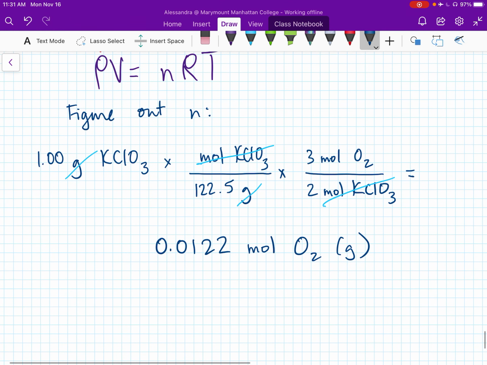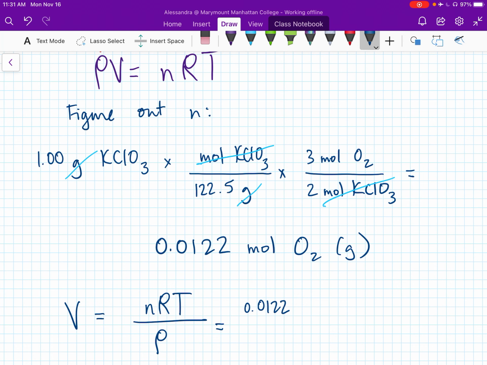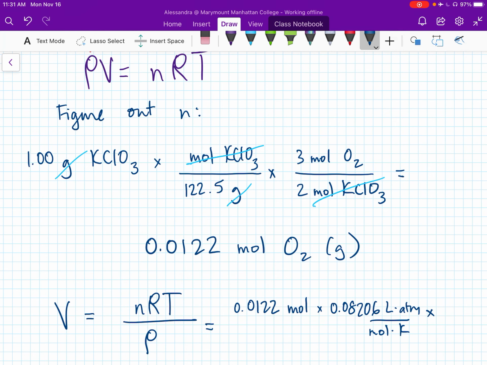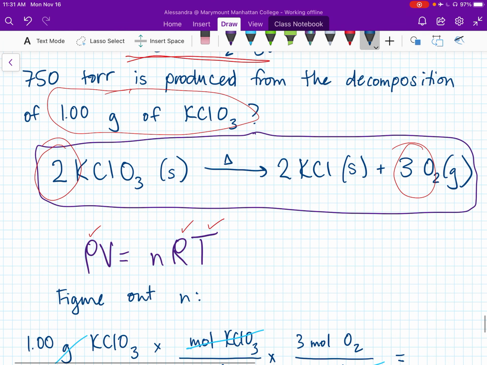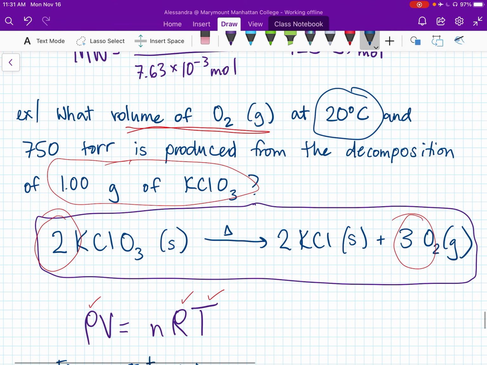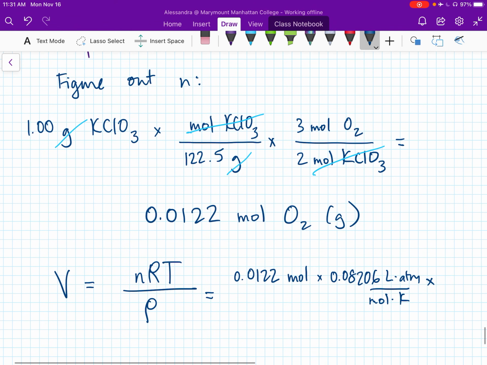Now I can rearrange the ideal gas law to solve for volume because now I have moles of gas I can plug in for N. So 0.0122 moles of gas times the gas constant R, 0.08206 liter atmospheres per mole Kelvin, times the temperature. And the temperature here in Kelvin is going to be 20 plus 273, so that's 293 Kelvin.